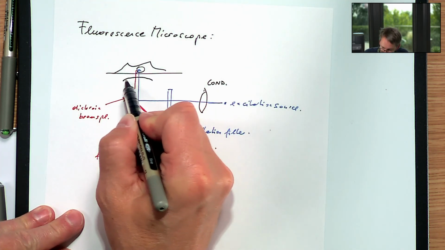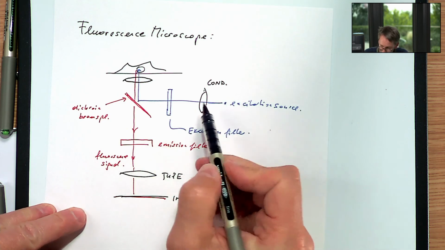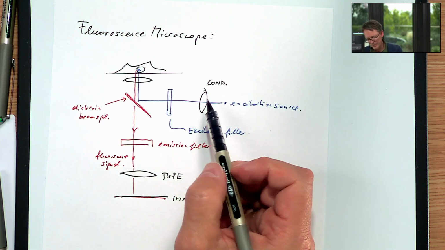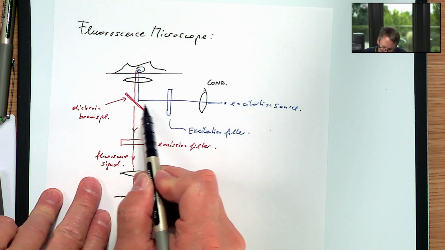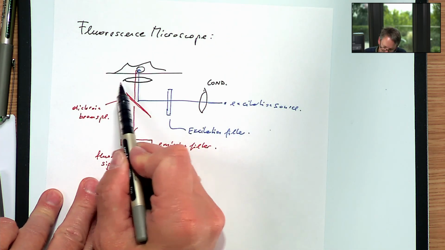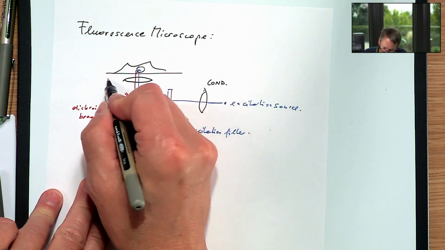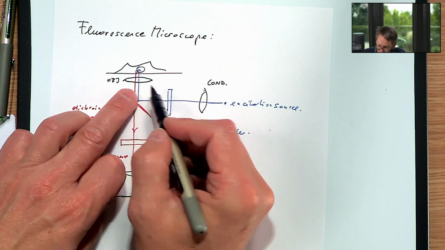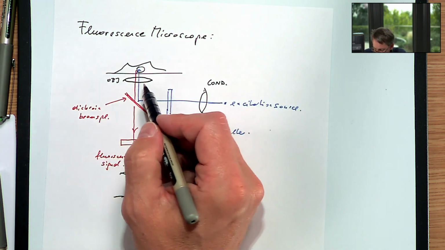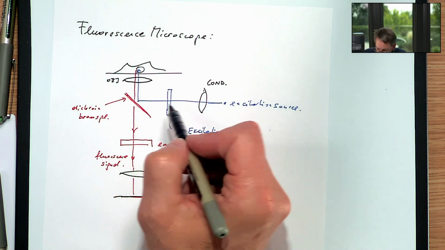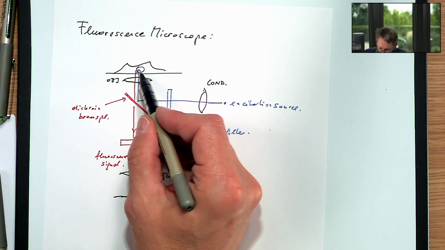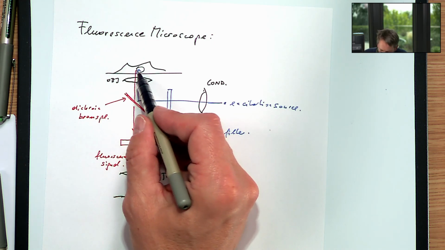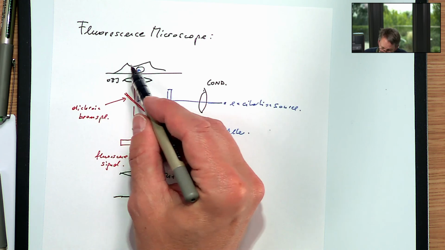The objective is here. So in this example, the condenser produces light that is then focused with the objective onto the sample. So the objective serves both as another condenser, if you will. It will put the excitation light onto the sample and collect the redshifted emission light.